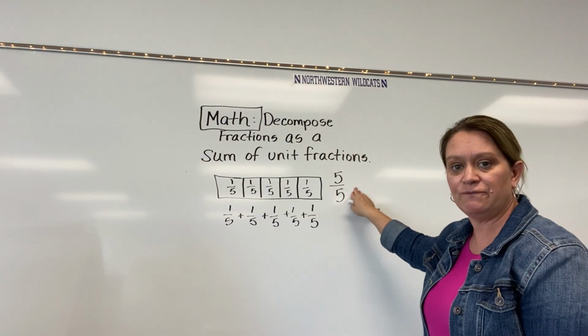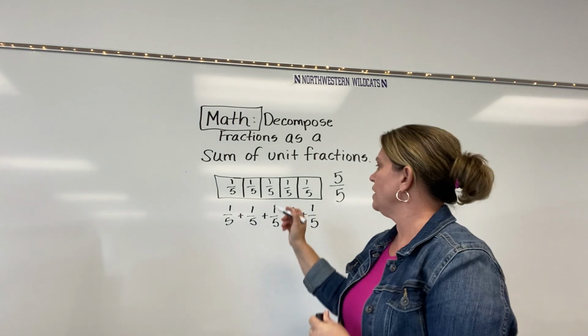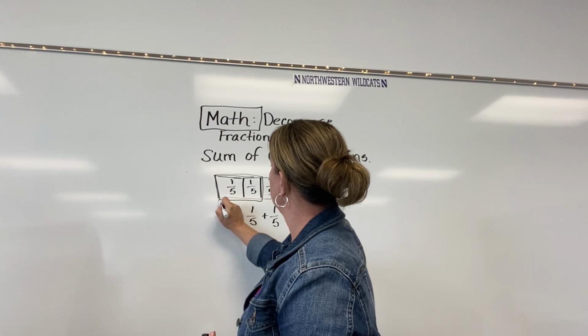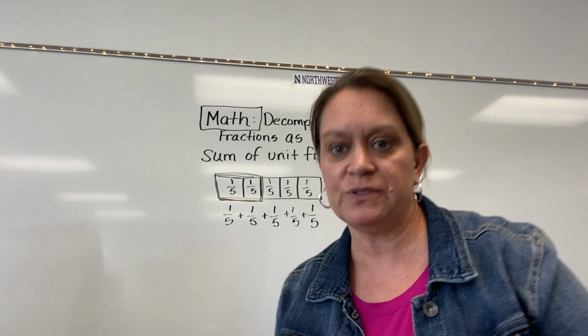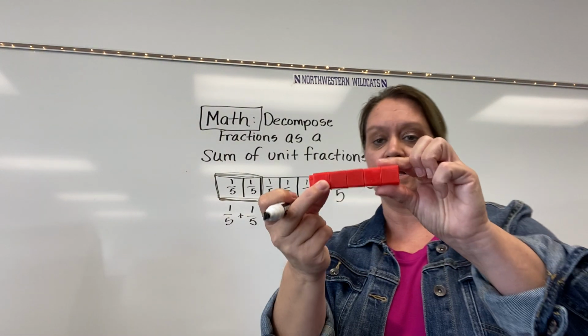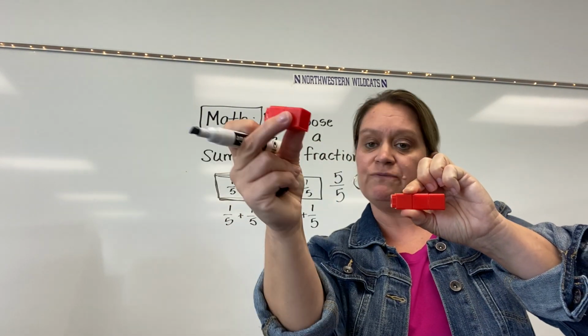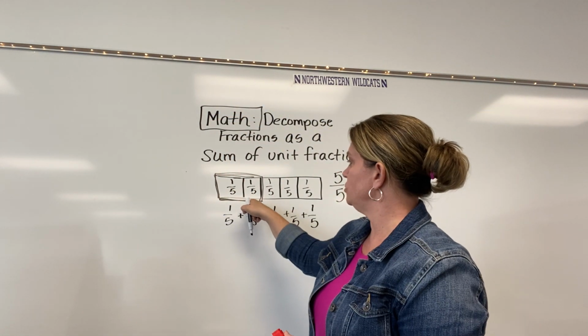equals 5/5. Well, you might say, but wait a minute, Miss Stillwell, what if I wanted to take this part right here? How many fifths is that? Well, it's 2. 1, 2.